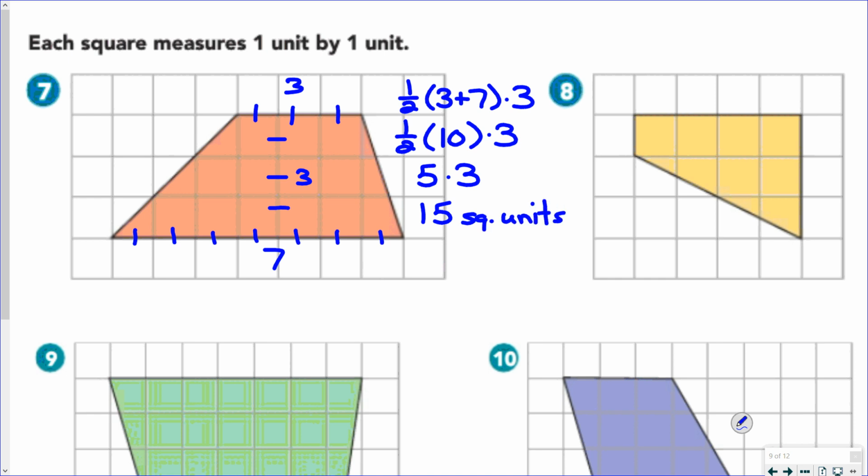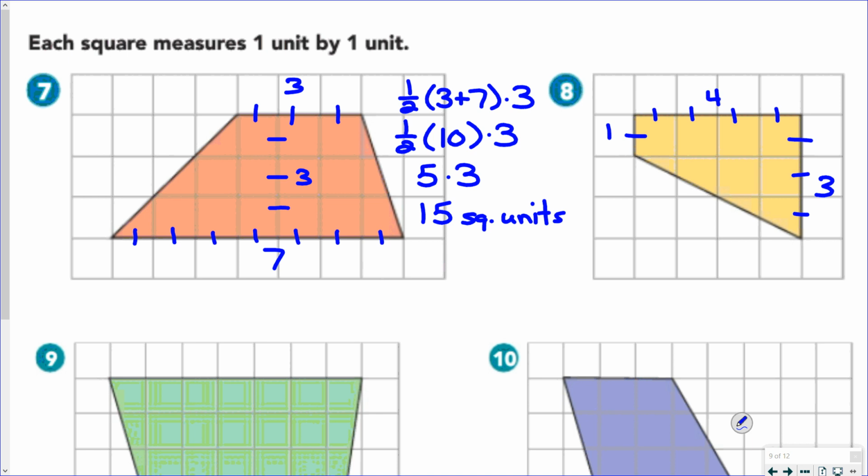For number 8, for our bases, we actually have to use the left and the right. We're not always going to be able to use the top and the bottom, but what we want to look for are those parallel sides. And so we have 1, 1, 2, 3, and then our height is 1, 2, 3, 4.